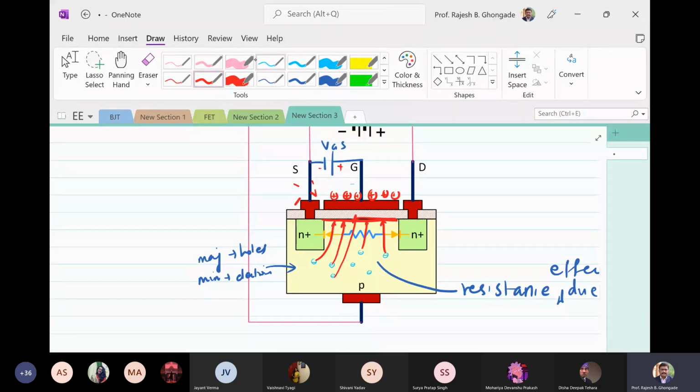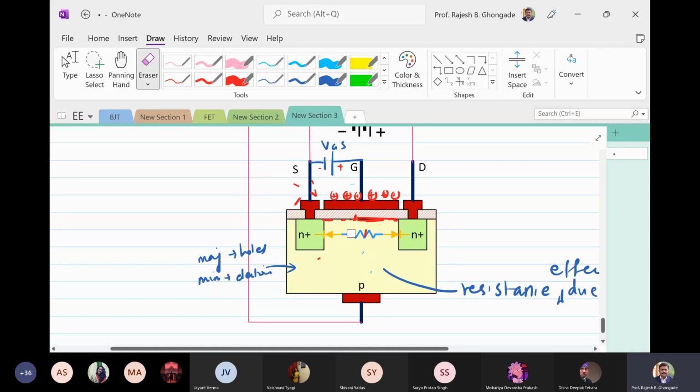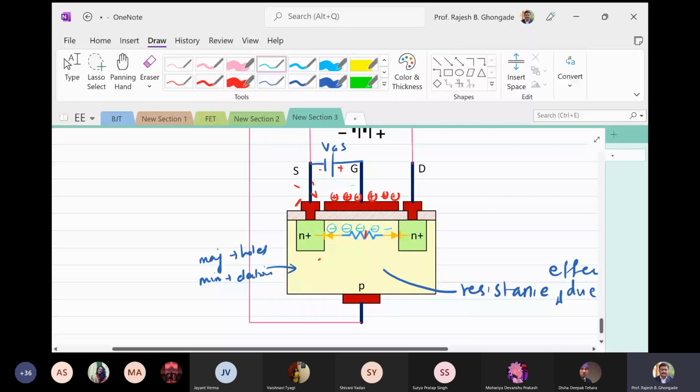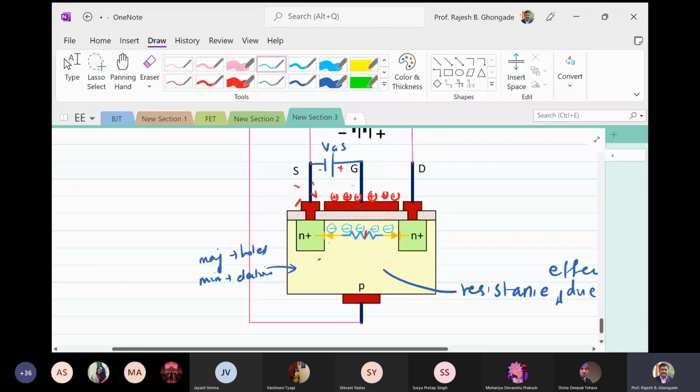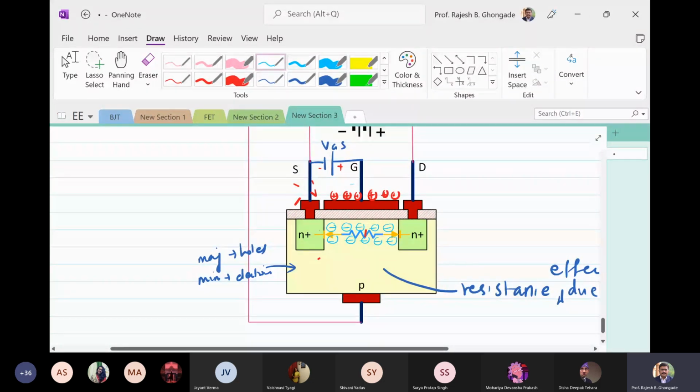Because of this attraction, all these electrons get attracted towards this interface, the oxide interface. And so all the electrons are lined up like this because of this positive VGS.